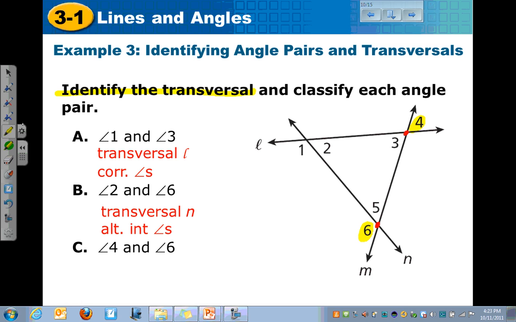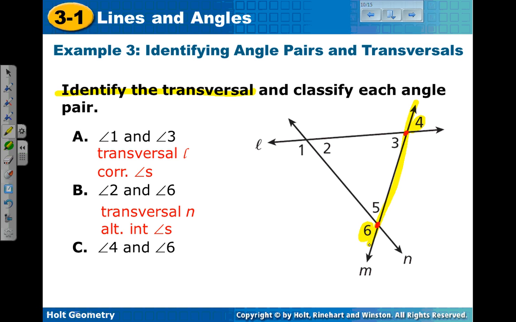So the line that connects them is this line here. Line M is the transversal. Now these are outside the two other lines. So that's exterior, and they're on opposite sides of the transversal. So they are alternate exterior angles. And the transversal is M, like we said.